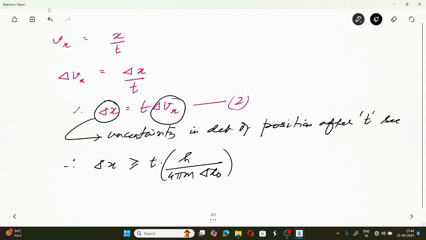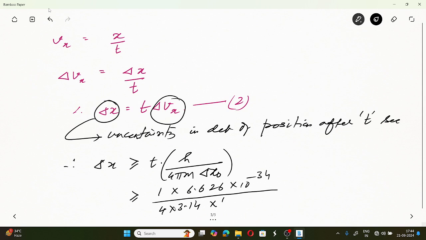So this is the expression for delta v. So delta x will be, here t is 1, into 6.626 10 to the power minus 34 divided by 4 into 3.14 into mass of the proton.